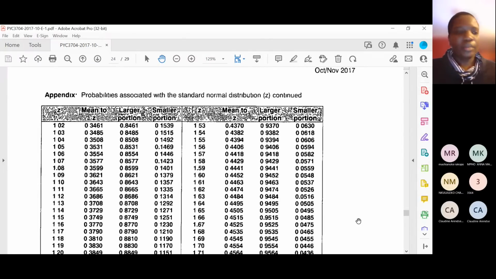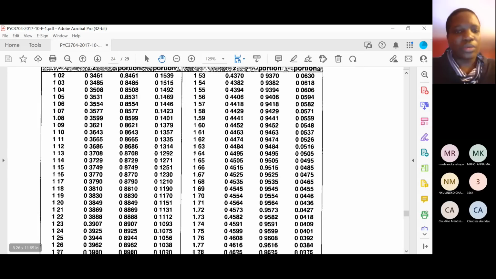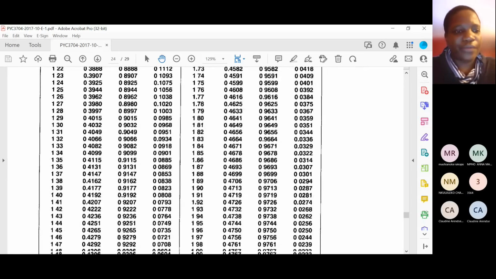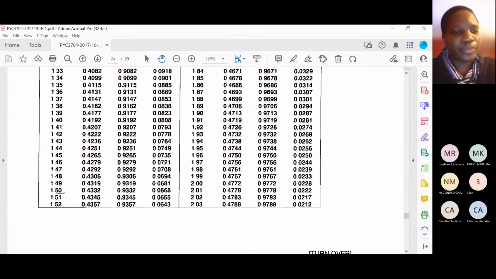So 1.5, you must write it down, it's somewhere at the bottom. That is one of the values. So write that value down.